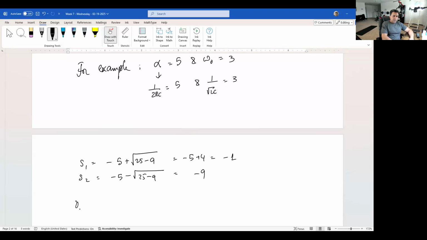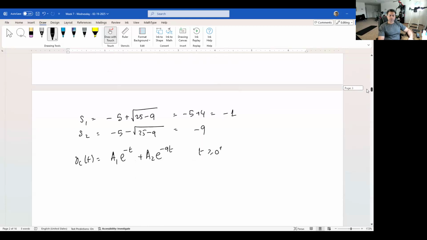So in that case, your capacitor voltage equation is given by A1 e to the power negative 1t plus A2 e to the power negative 9t. A1 and A2 are the coefficients that we have to find out using the initial conditions that we calculated.